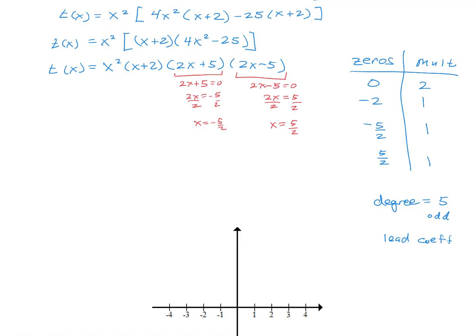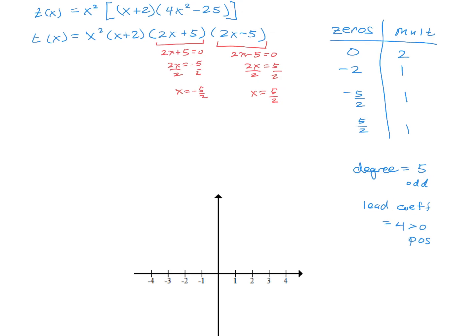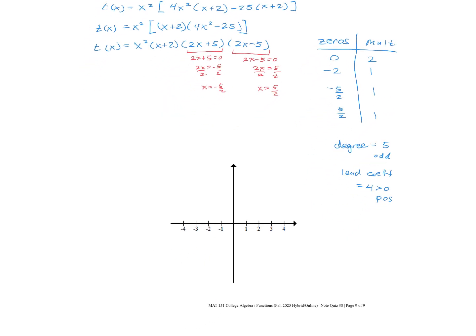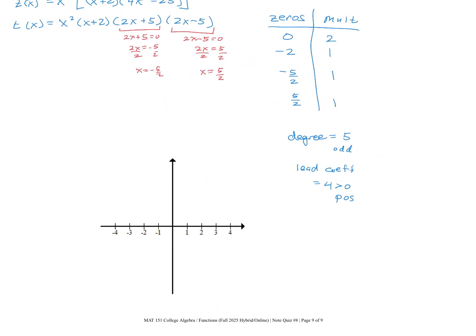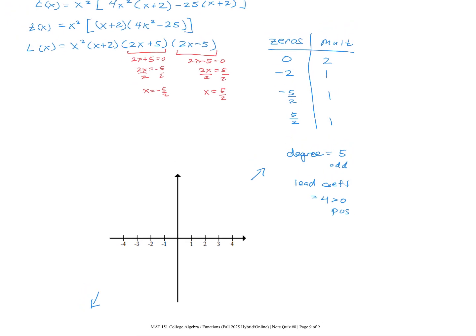The leading coefficient is just 4, which we know is greater than 0, which is positive. So because I have an odd degree polynomial with a positive leading coefficient, I know it's going to start low and it's going to end high. It must. All right, next thing to do, plot those zeros.